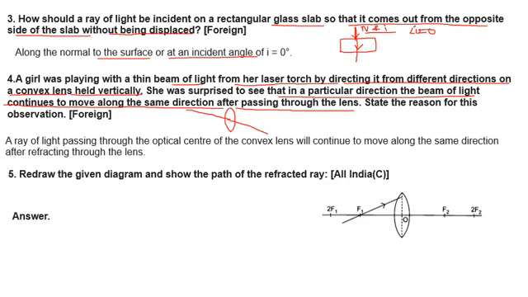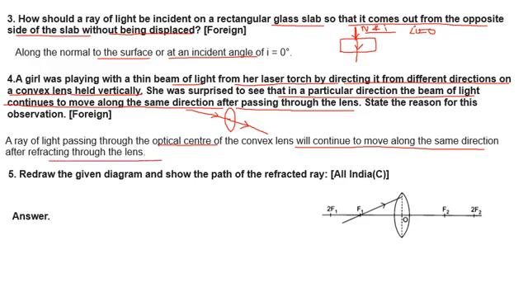When she makes the light pass through the optical center of the lens, she won't find any change in the direction of the ray. She won't find any refraction of light. The light will go as it is. The ray of light passing through the optical center of the convex lens will continue to move along the same direction after refracting through the lens.